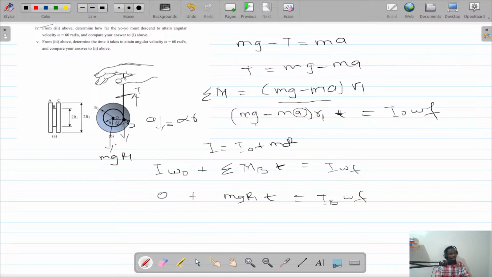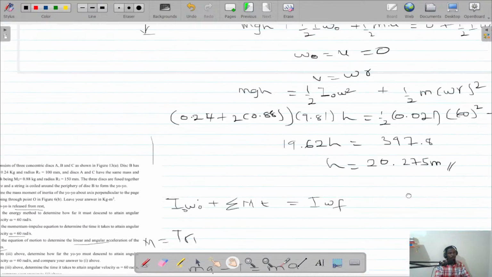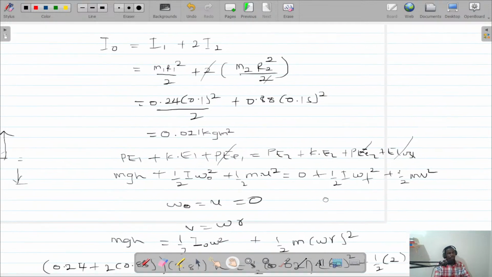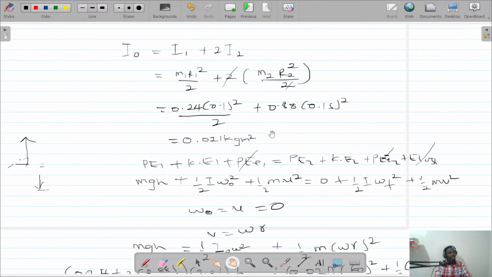So the total mass, that will be 2 times r1 of 0.1 times t, should be equal to I naught plus m d squared. I naught we had 0.021.